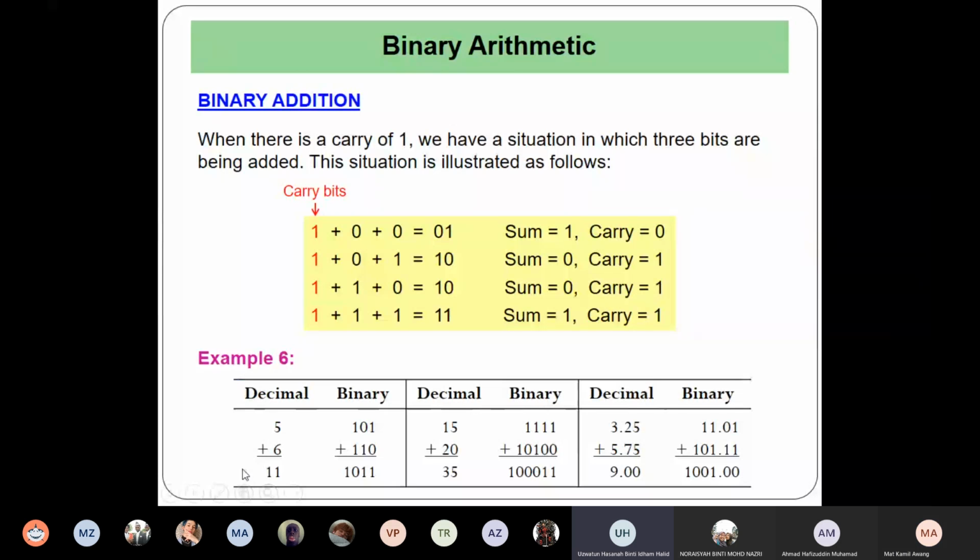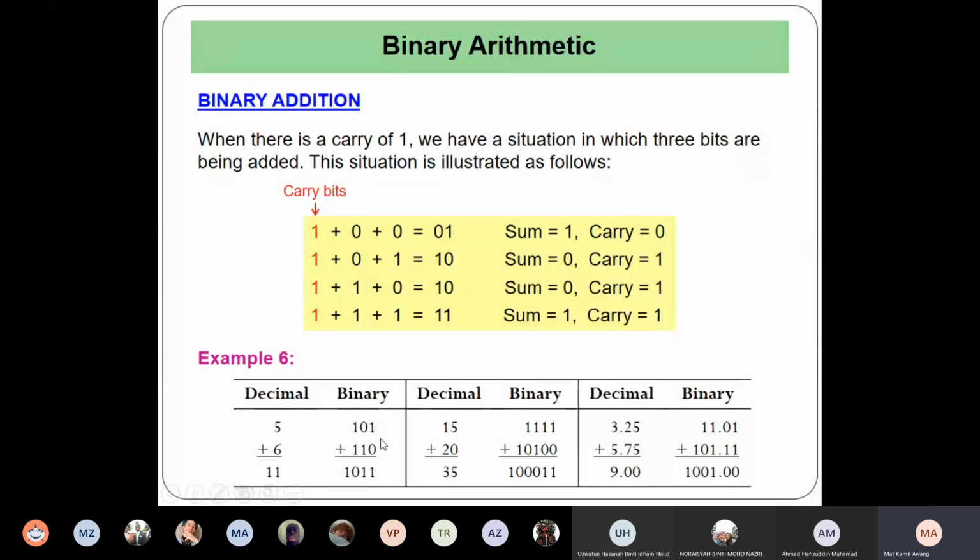Clear. So let's say that you have a decimal 5 plus 6. The answer is 11. If you want to do it in binary, 5 converted into binary is 1, 0, 1, and 6 converted into binary is 1, 1, 0.